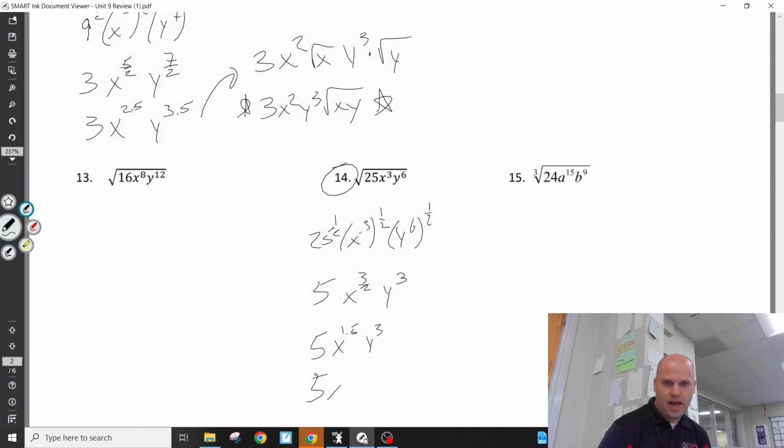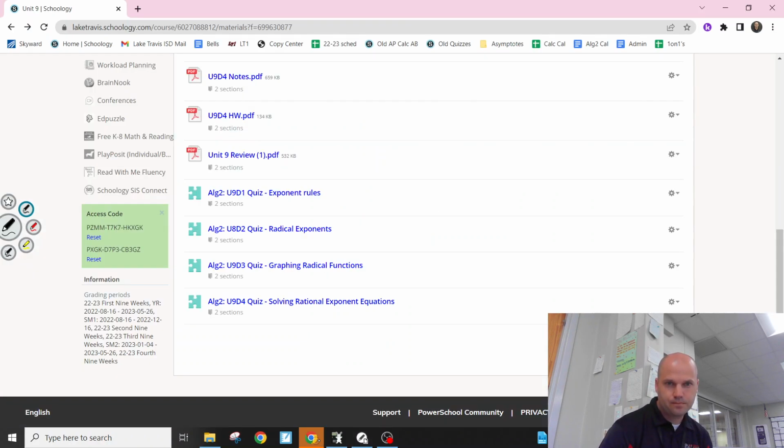So this would be x to the 1st times x to the 1/2. And this would be your answer. Or another version of this would be 5x y cubed root x. Okay? So make sure we're comfortable with those questions. Questions like 13 are easier to do because everything's going to simplify.